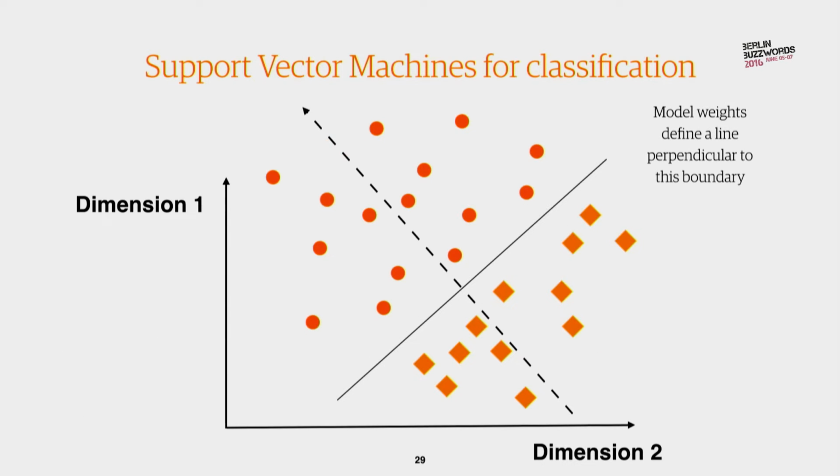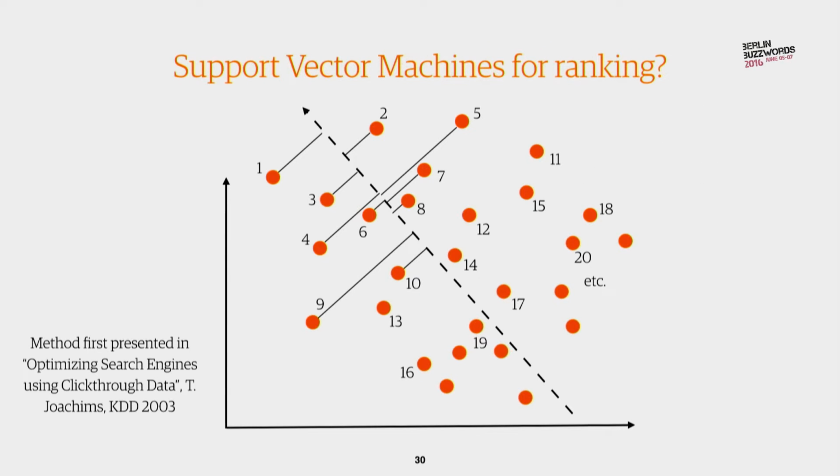Now you can think of the feature weights from the model as defining another line which is perpendicular to that boundary line. But how can we use this same approach for ranking? Well, in the ranking context, we don't just want each example to be classified as positive or negative with respect to the boundary line.